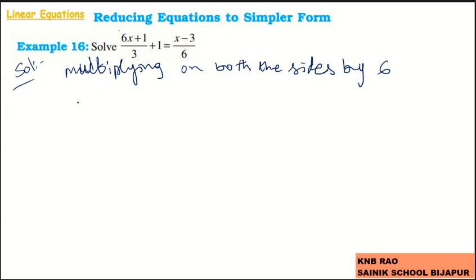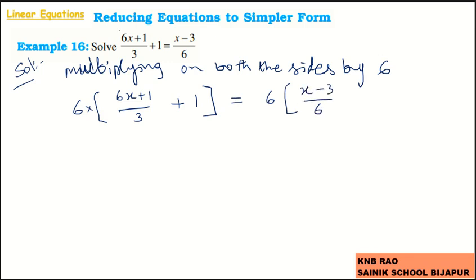Now, if I multiply 6 in the left hand side, this 6x plus 1 upon 3 plus 1 is getting multiplied by 6, and in right hand side 6 is multiplying to x minus 3 upon 6, and in right hand side it is easy that this 6 gets cancelled and we are having only x minus 3.